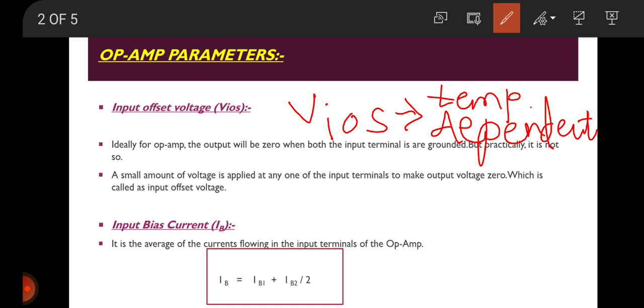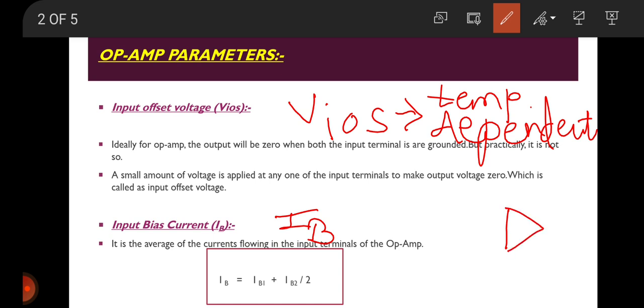Then next one is input bias current. It is represented as IB. The input bias current is the average of the currents flowing into the two input terminals of the op-amp.